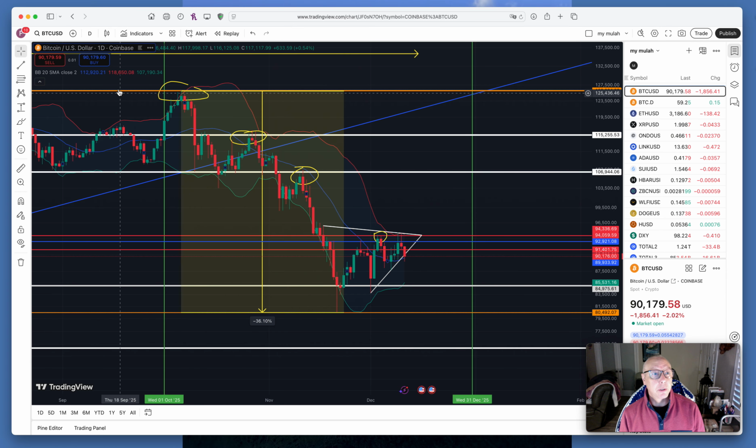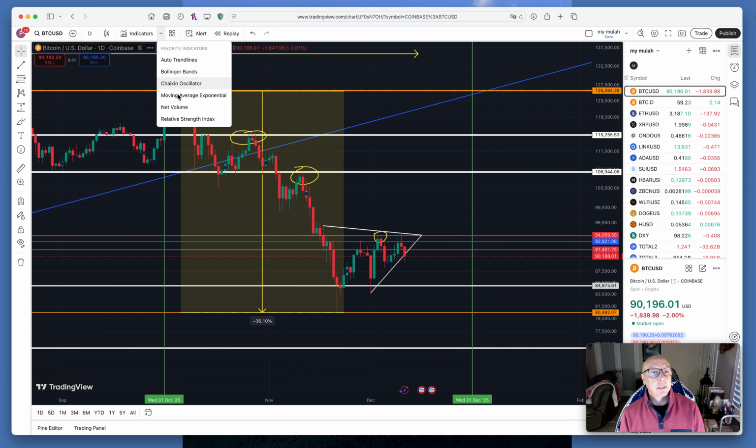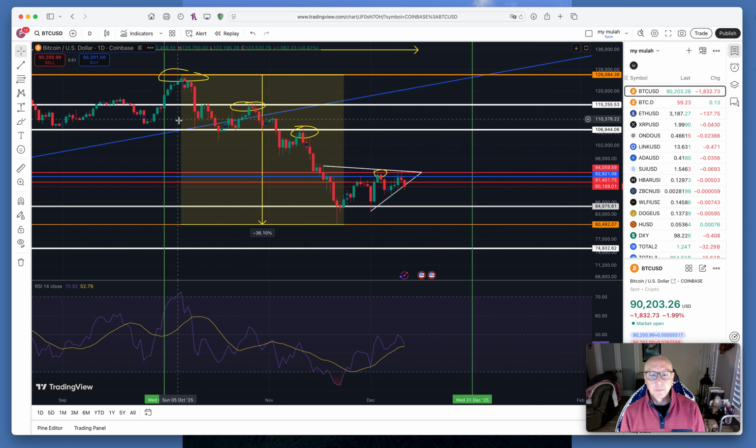So one more indicator we want to look at today is called the Relative Strength Index. And this is an indicator where we could find trend reversals. So right now, the Relative Strength Index is rotating down. So here's the middle level. That's considered neutral, where you don't really want to buy or sell because you want to see if it's going to go above or fall.